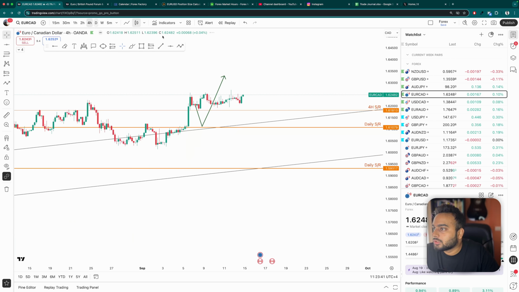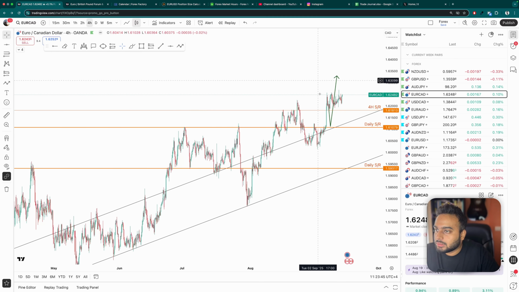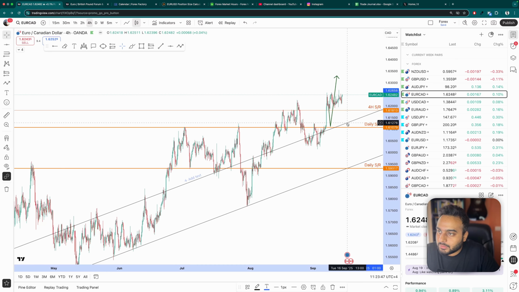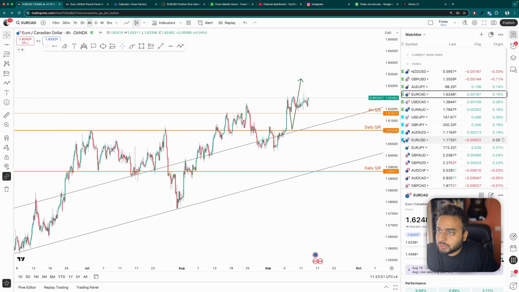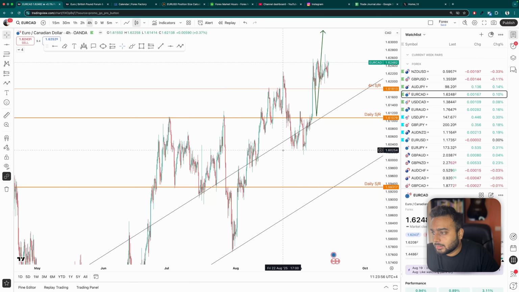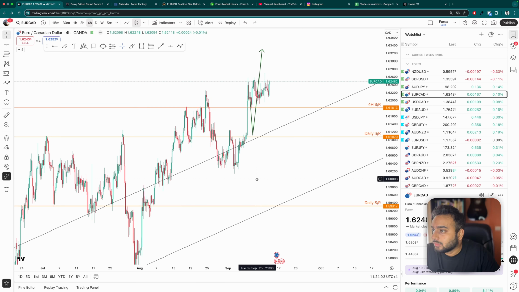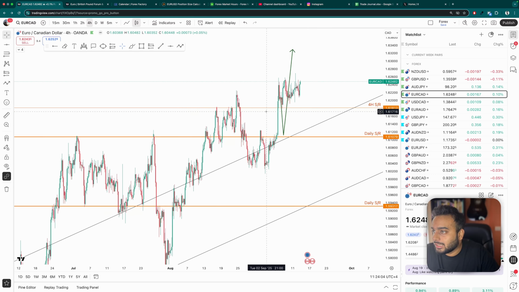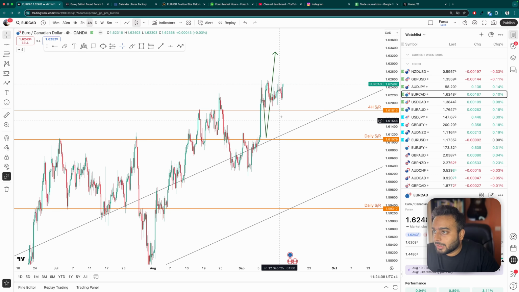So we'll look for shift of structure and possible resistance. Okay. I do understand this trend line is a support line, but based on the price action and what I see here, what I want price to do right now is, as it has reacted and made this its support, I want the price to break this support.